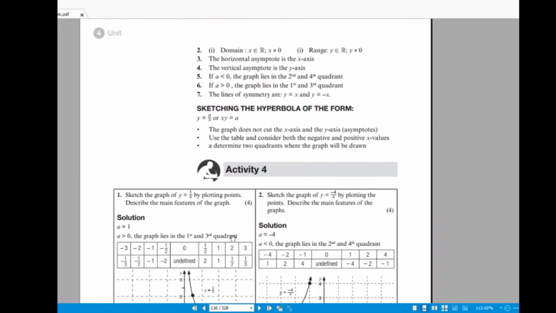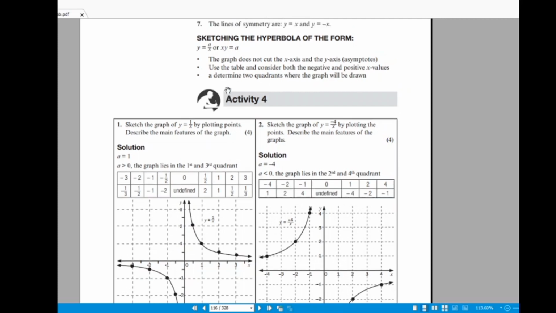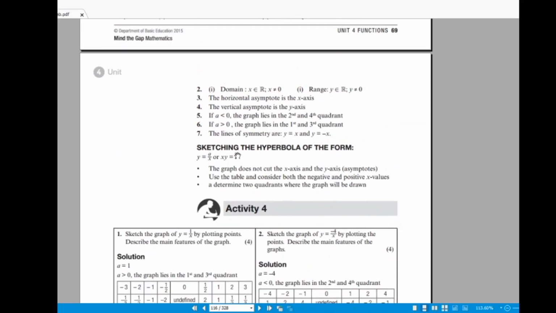Now going on to sketching the hyperbola of the form. To sketch the hyperbola, you need the equations of the vertical and horizontal asymptotes, and then you need to calculate the x and y intercepts, and then you need to know the value of a to determine in which quadrants your graph will lie.